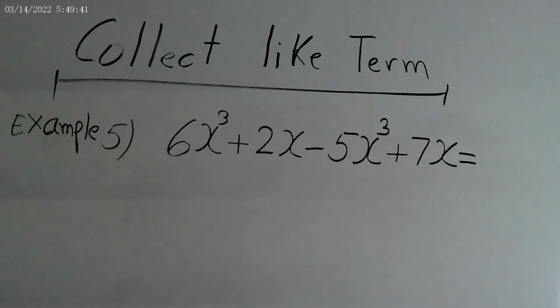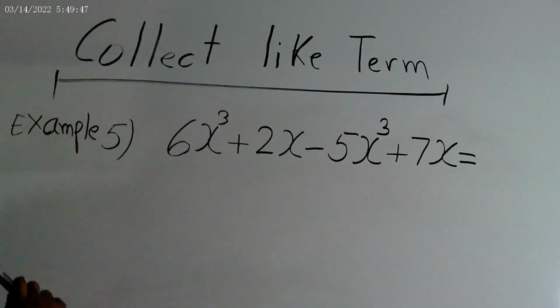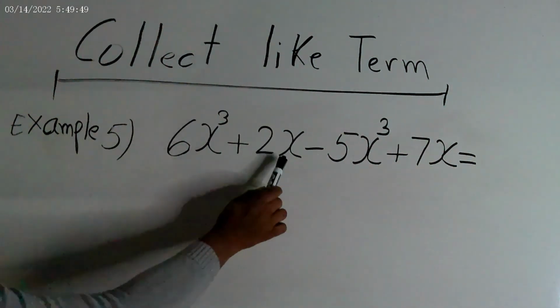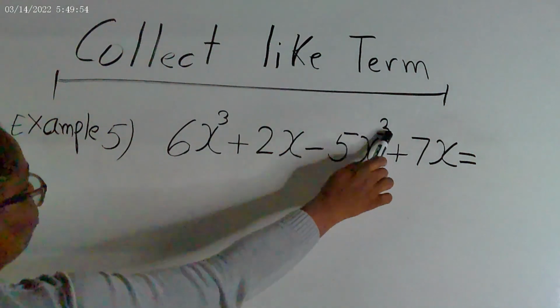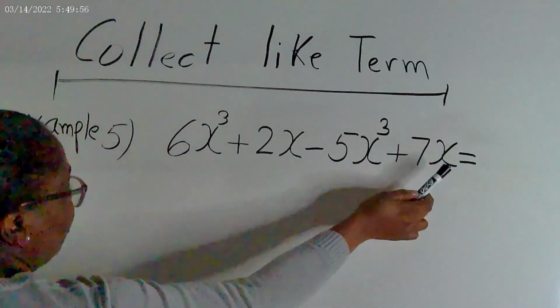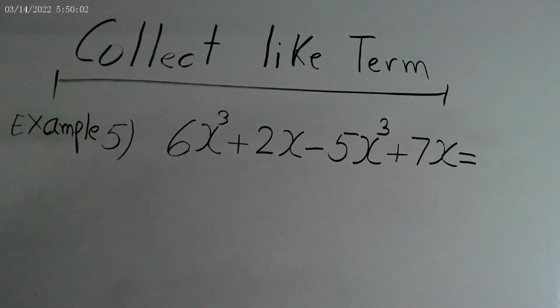Example 5. We have 6x cubed plus 2x minus 5x cubed plus 7x equal. So now we're going to see which one has the same variable.